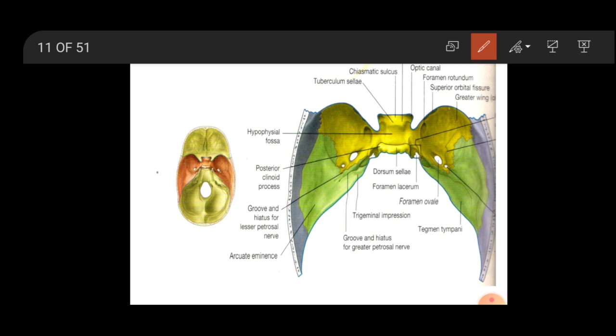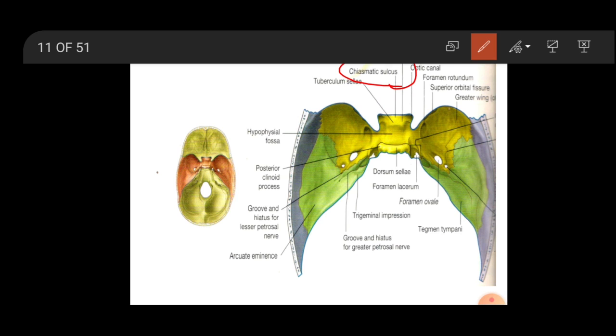Okay, so we'll see what are the features there in the middle cranial fossa. Anteriorly in the midline, you see a groove that you call the sulcus chiasmaticus. That leads to the optic canals, which are placed just behind the body of the sphenoid.